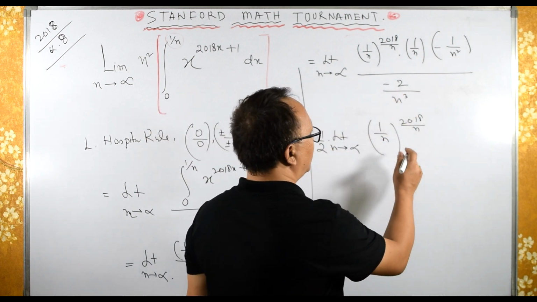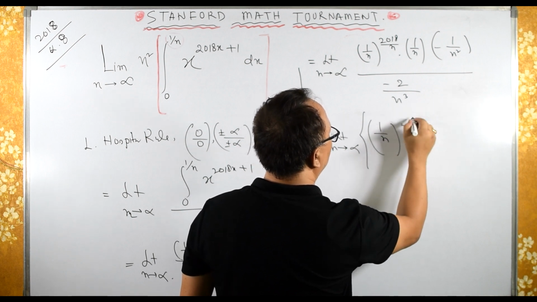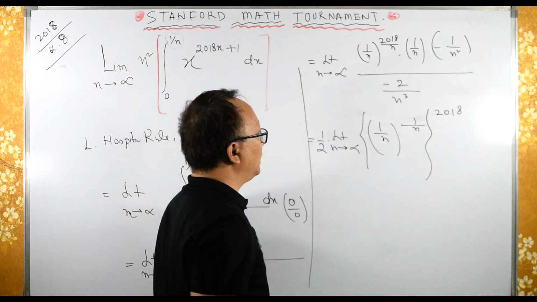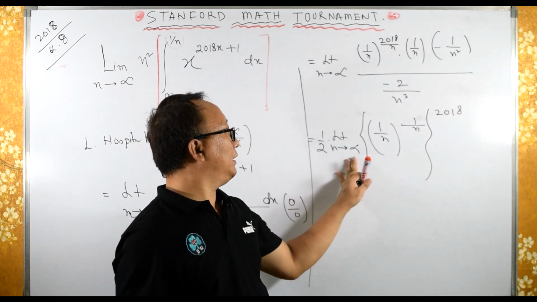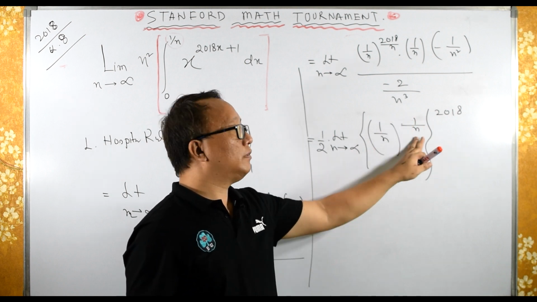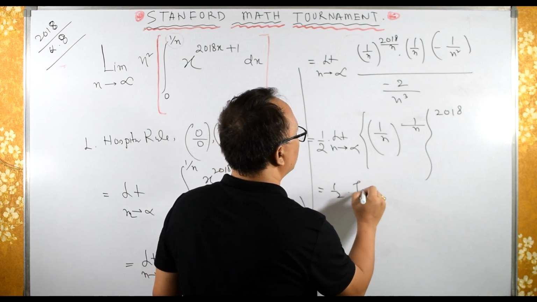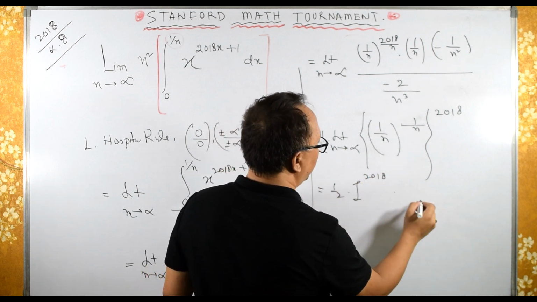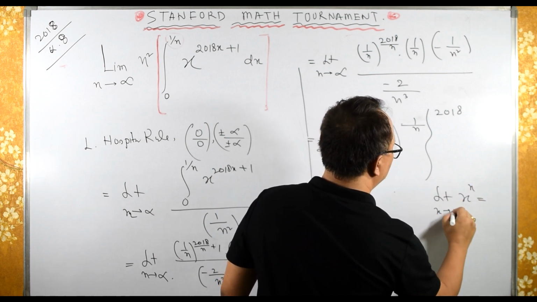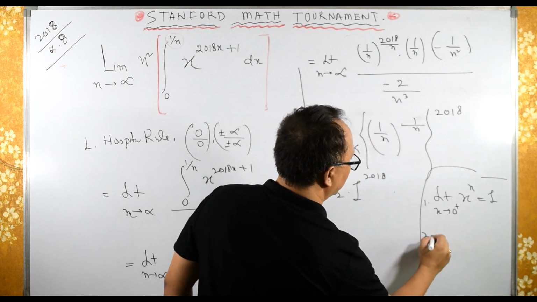So I can write 1 upon 2018, times the limit of n tends to infinity of 1 by n raised to 1 by n. When n tends to infinity, this becomes 1. So 1 by 2, 1 raised to 2018. Why? Because the limit of x raised to x, when x tends to 0 plus, becomes 1.